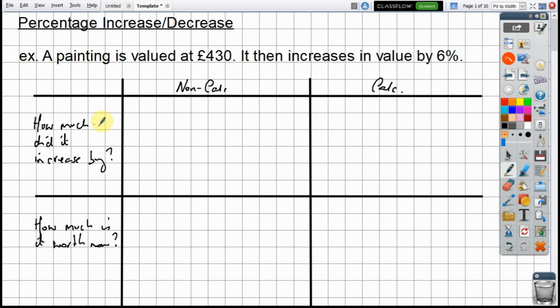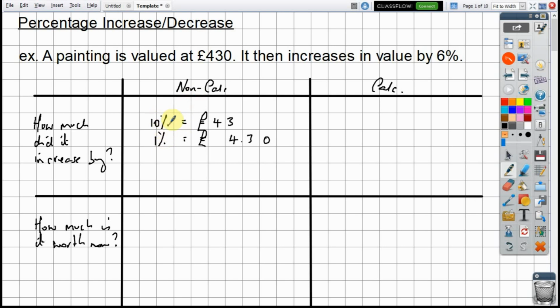The first one, how much did it increase by without a calculator? Well, you'll have seen this before. 10% of £430 is 43. 1% must be £4.30. We want 6% altogether.